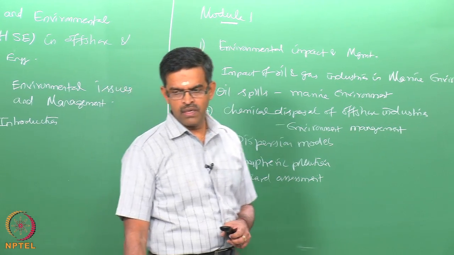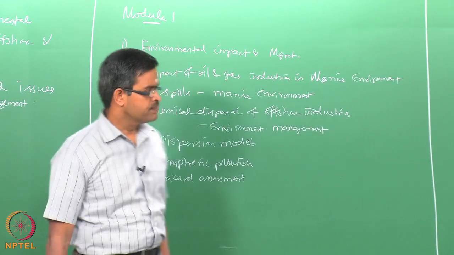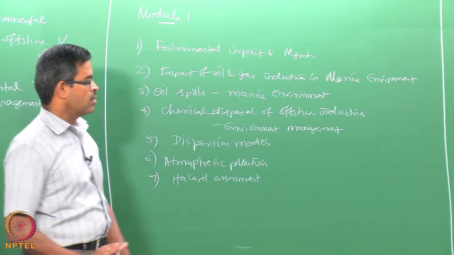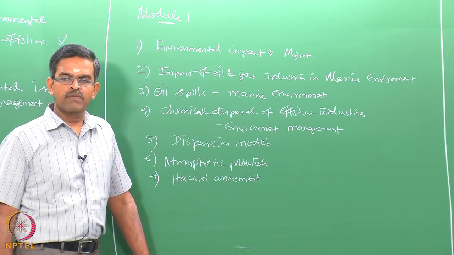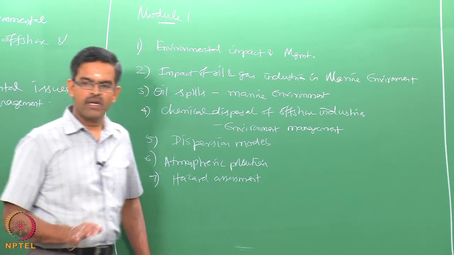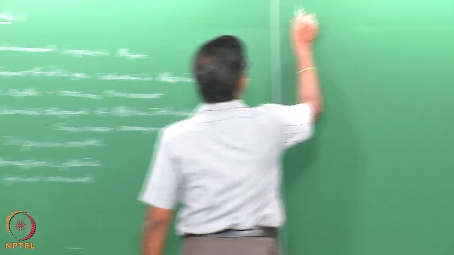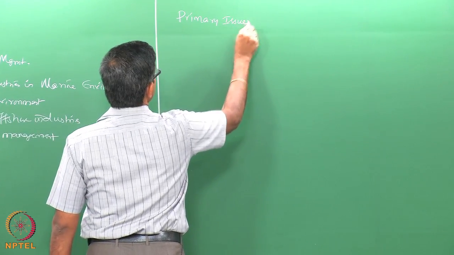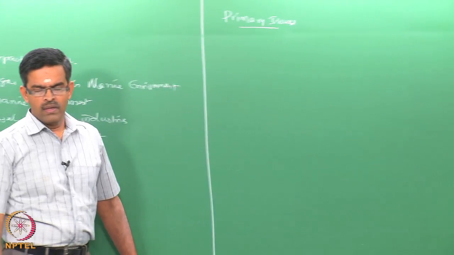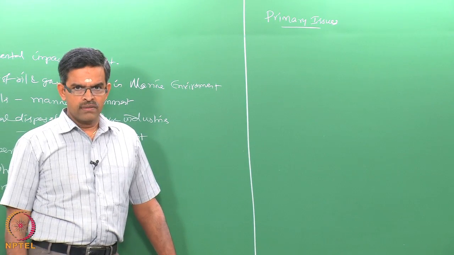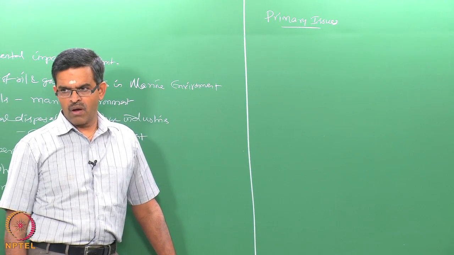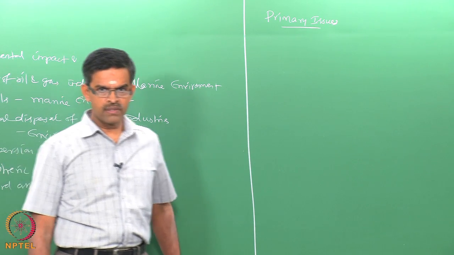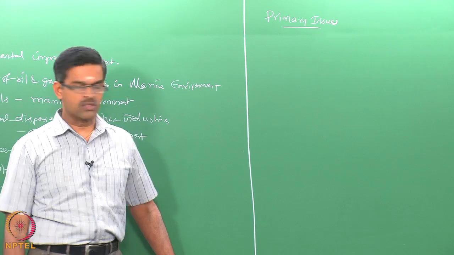Ladies and gentlemen, let us first quickly ask a question: what are the primary environmental issues which bother the environmental management which arise essentially from oil and gas industries? So, let us talk about primary issues. We must realize that there is a huge impact caused by the oil and gas industry on the shelf ecosystems and marine biological resources.